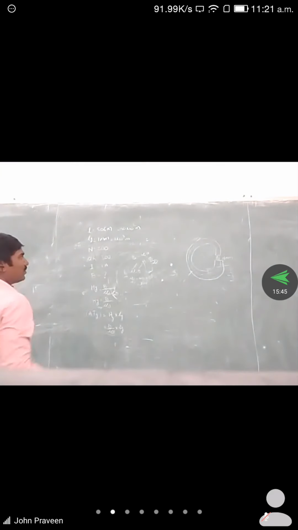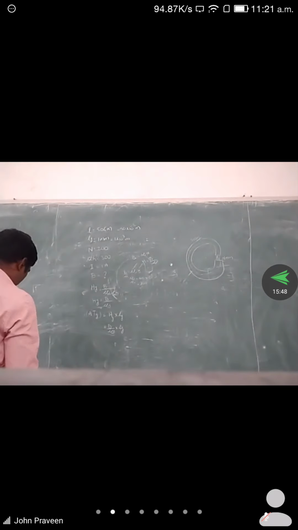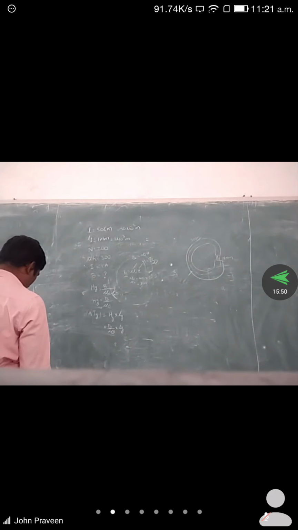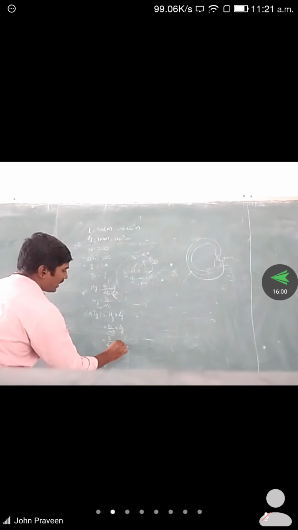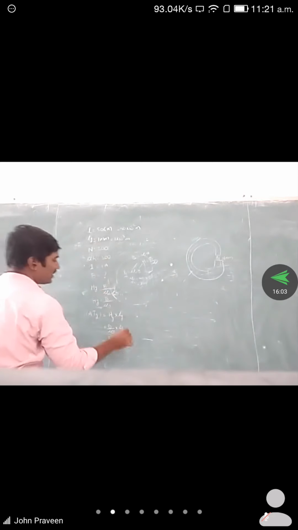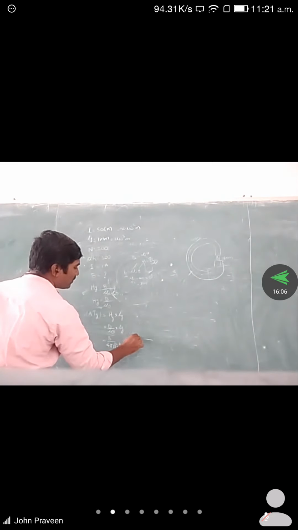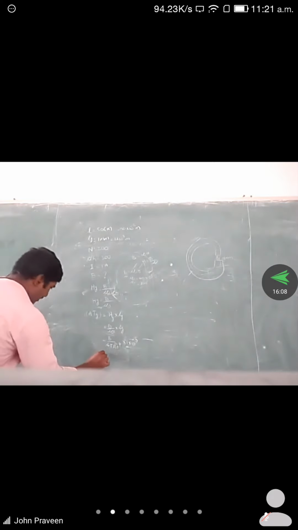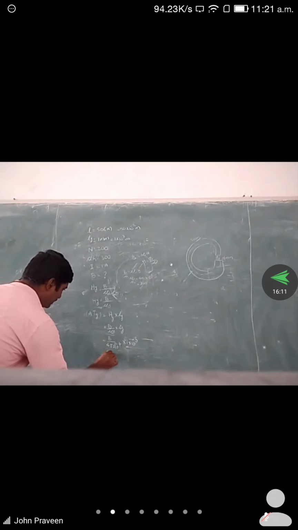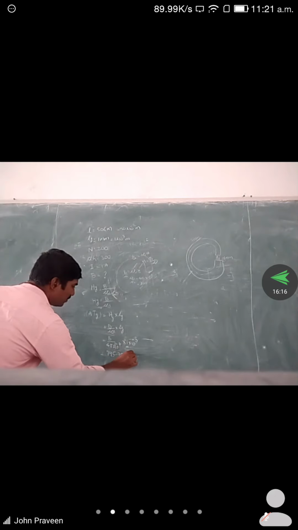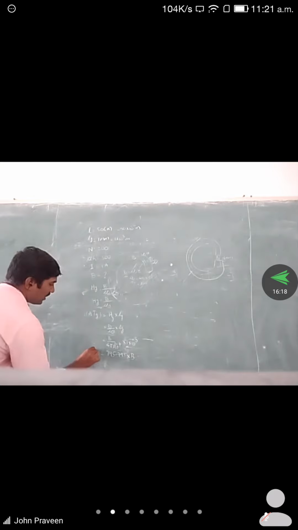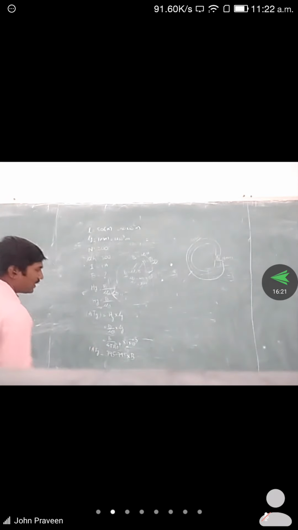Those things need to be converted. Substituting the values of Hg and Lg, B by mu naught, where mu naught is 4 pi into 10 to the power of minus 7, into Lg, which is 1 into 10 to the power of minus 3. Finally we get 795.795 into B. So this is the ampere turns per air gap.